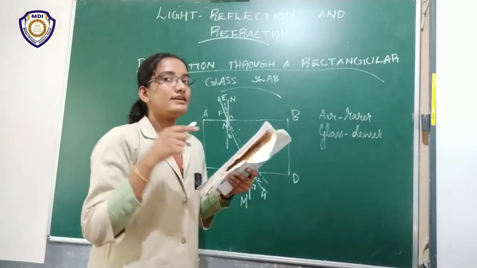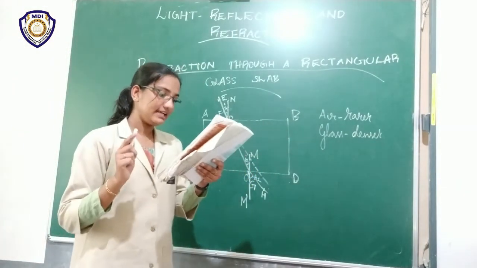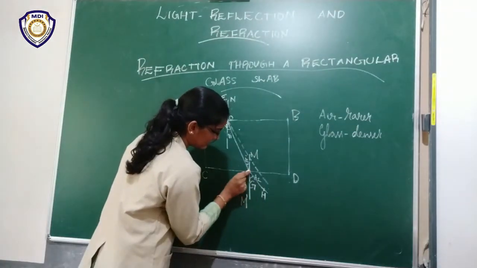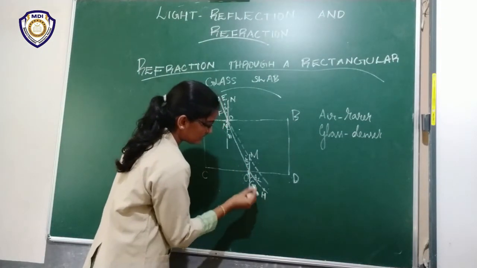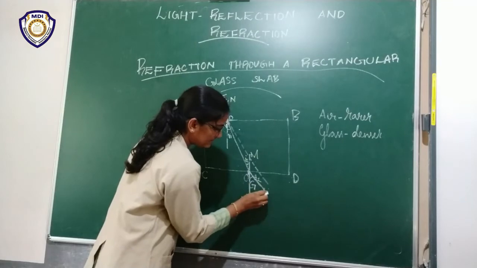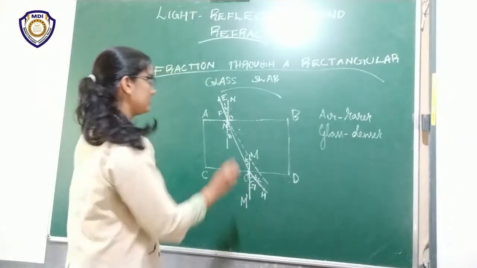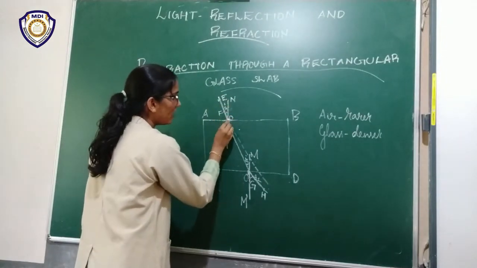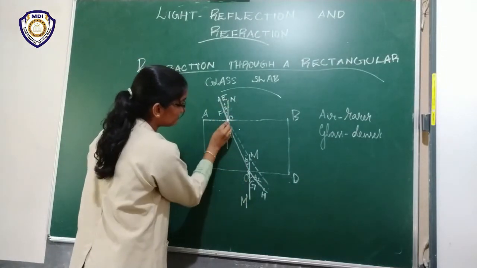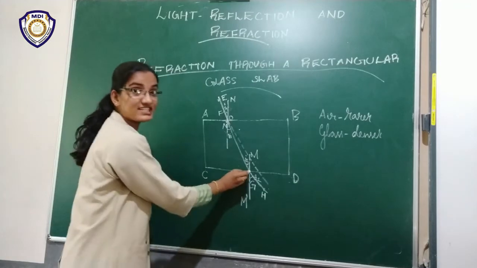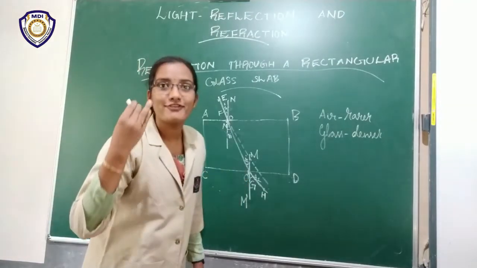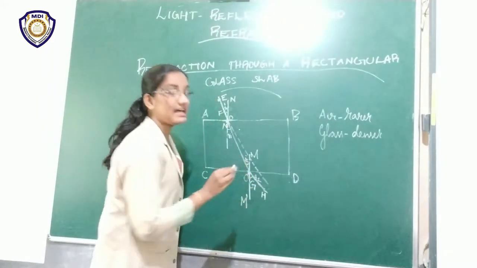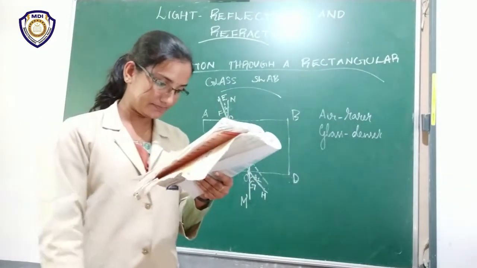And O dash H is the emergent ray. So EO is the incident ray, OO dash is the refracted ray, and O dash H is the emergent ray.